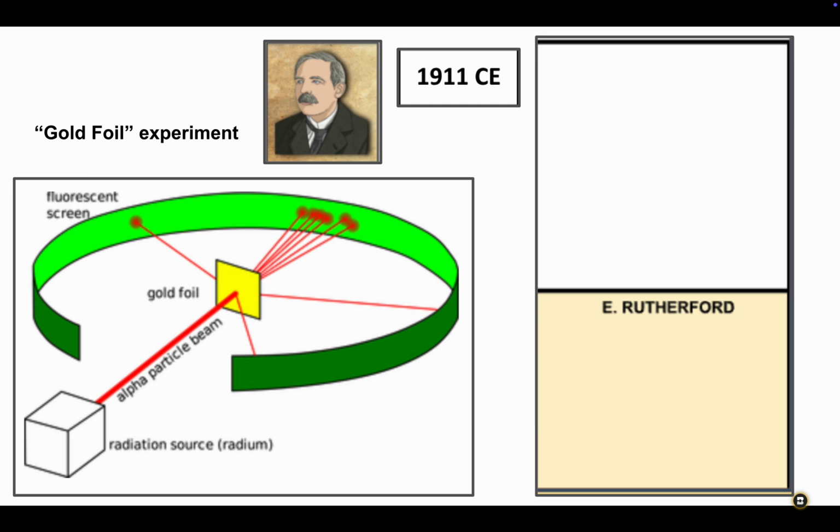So that's what Rutherford was doing. And he shot tiny particles. These are called alpha particles. They're called alpha particles because they're positively charged. So he was shooting alpha particles at a super thin piece of gold foil.